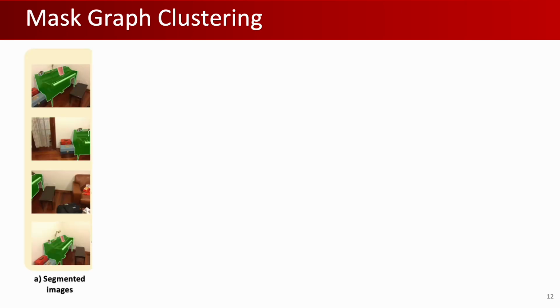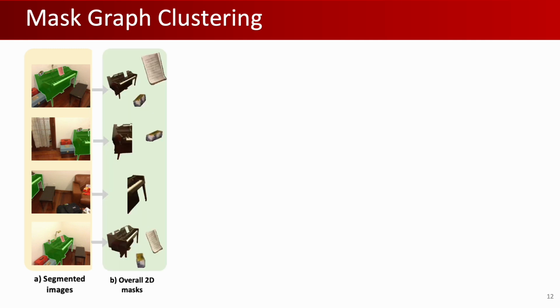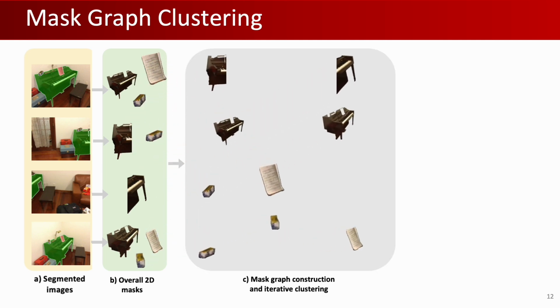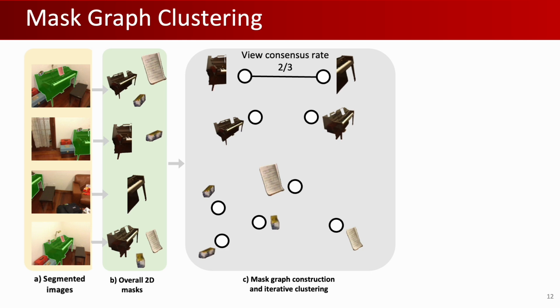Given the view consensus rate, we now introduce the full pipeline. For clarity, we only visualize 3 objects in the figure. First, we run the 2D instance segmentation model on the entire sequence and extract all 2D masks. To enhance global consistency, we construct a graph where each 2D mask serves as a node. For the 2 masks corresponding to the left and right sides of the same piano, we've just computed their view consensus rate.